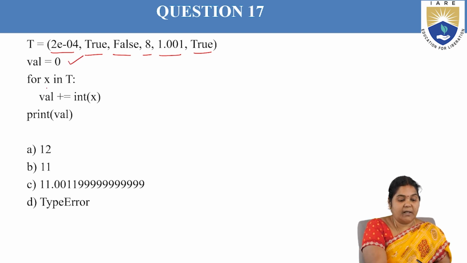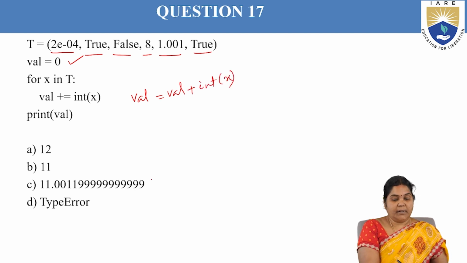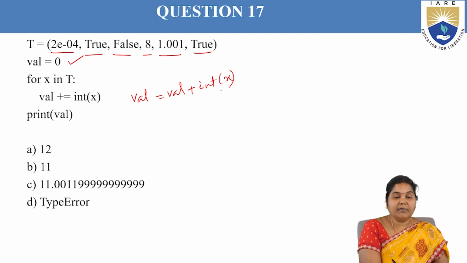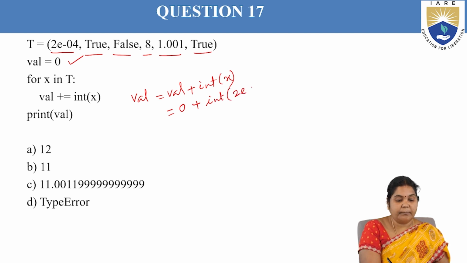For every value x in t, value is equal to value plus integer of x. So we have to take each and every value from the tuple, convert it into an integer, and then add it to the value. Initially, the first time, value is 0 plus integer of the first value, which is 2e to the power of minus 4.